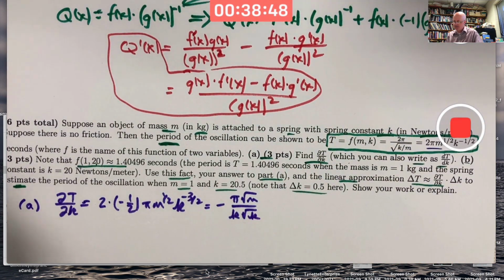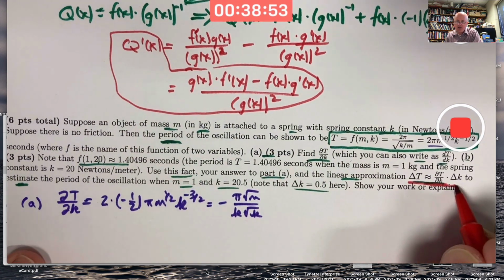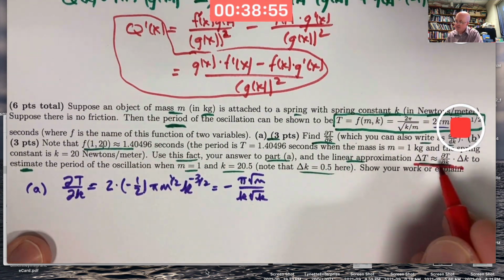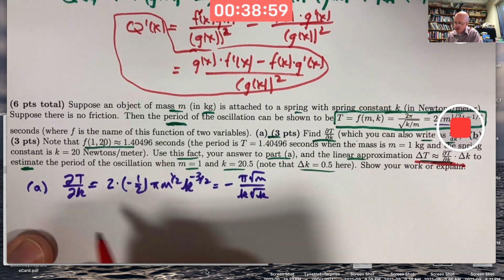Part B, we're going to use this linear approximation, which is the same kind of linear approximation we used on the previous page, except with different notation for the derivative there.